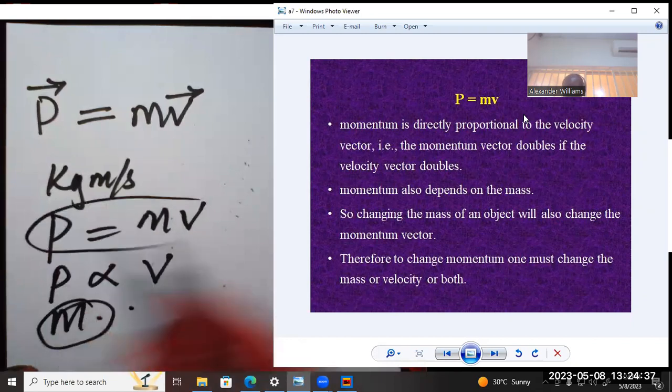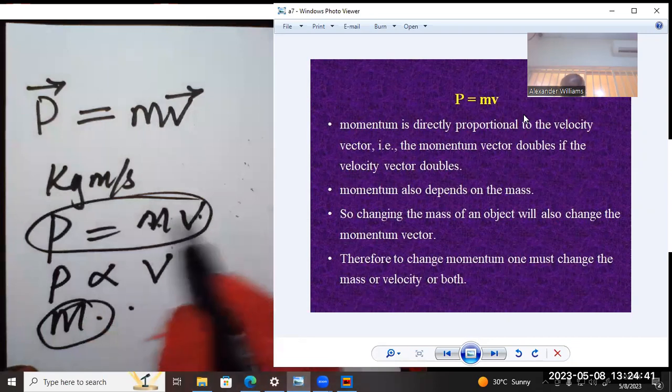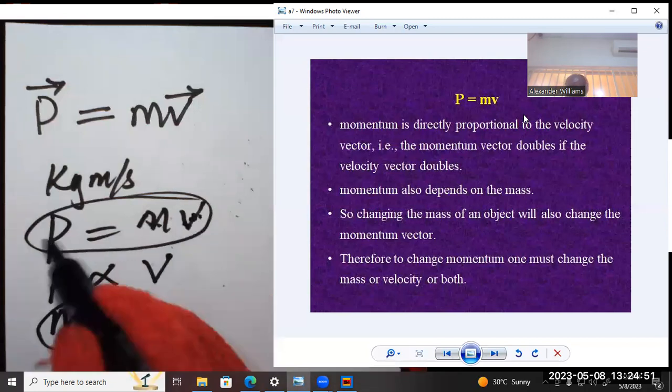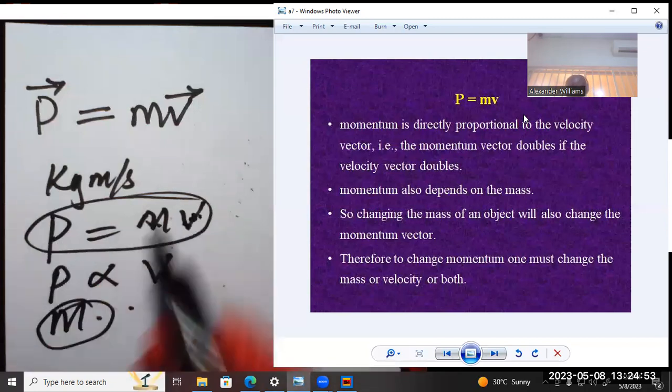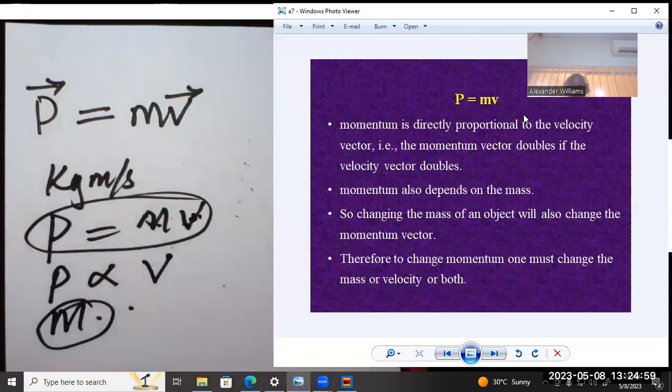If you want to increase the velocity, the body is moving faster, the momentum also increases. So momentum goes along with the product of the mass and the velocity. So to change the momentum, one must change the mass or velocity or both.